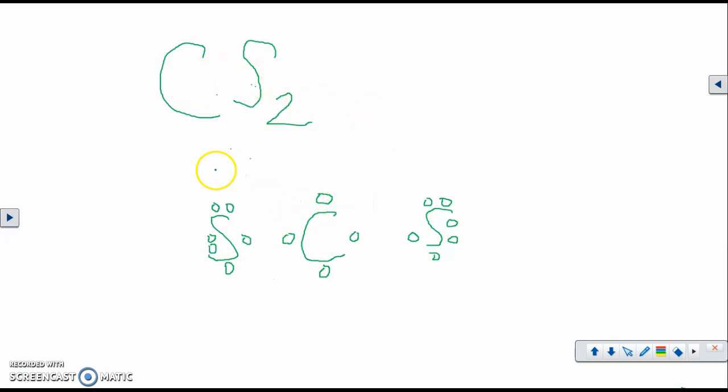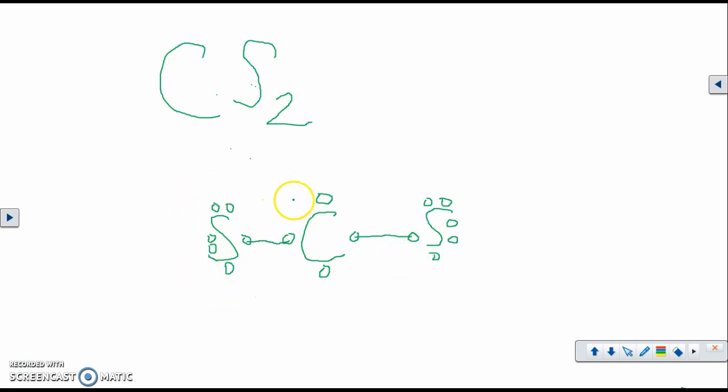In this case, you always make sure that you draw each individual atom with all of its valence electrons. Sulfur is in group 16, so therefore it has 6 valence electrons. So 6 here, 6 here. Carbon is in group 14, it has 4 valence electrons. So you draw them out first, and you start by bonding 1 electron each.